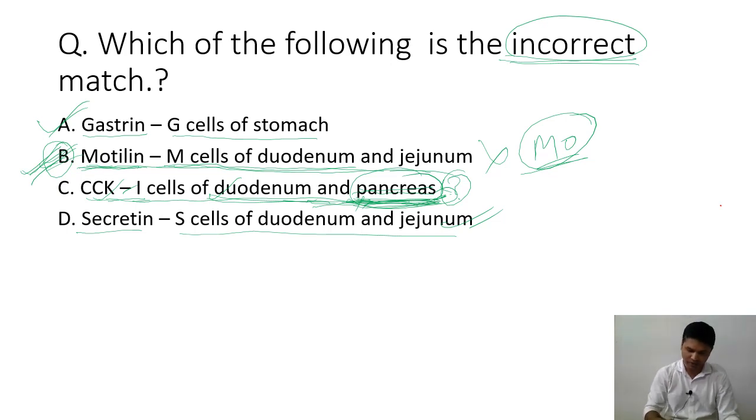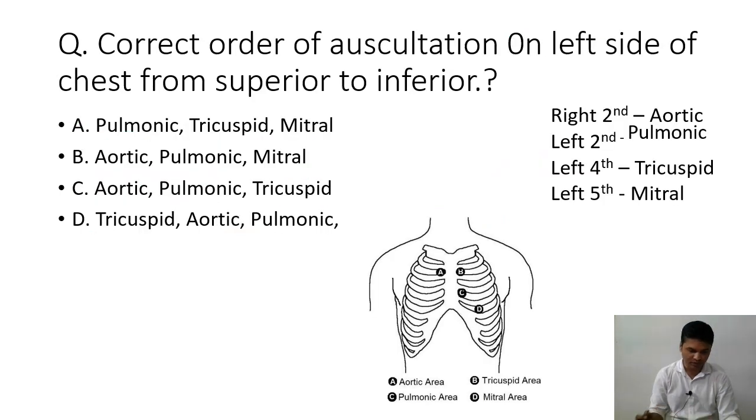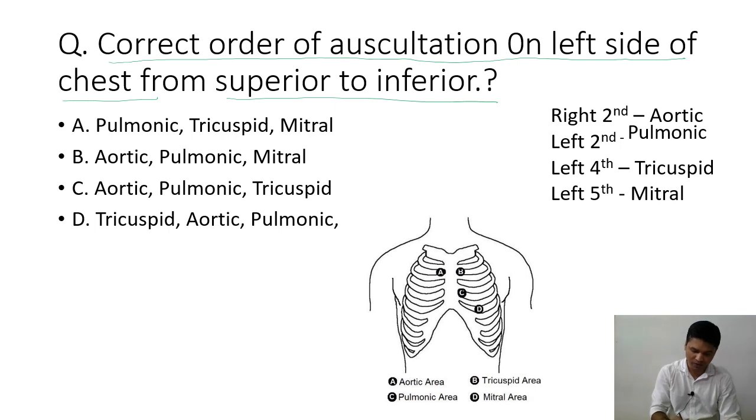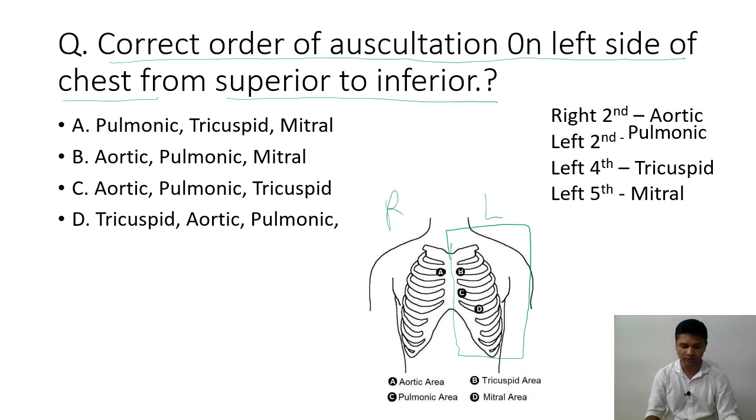Okay. Let's move to the next. Correct order of auscultation on left side of chest from superior to inferior. So we are talking about the left side of the chest. This side is the left side and this is the right side. Superior to inferior means you go in this direction.